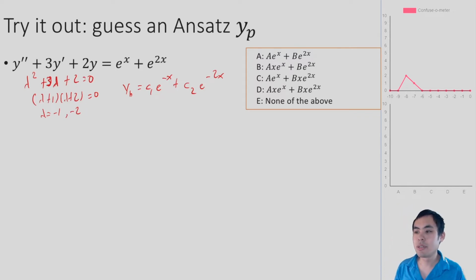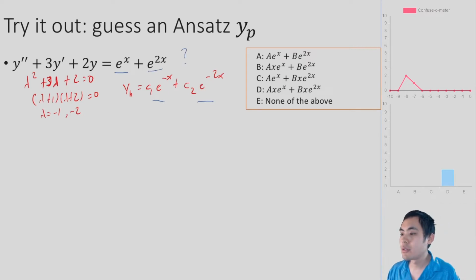Anyone? So it looks like we have a couple of D's, but you have to be a little bit careful, because do these things match any of these? Do they match?